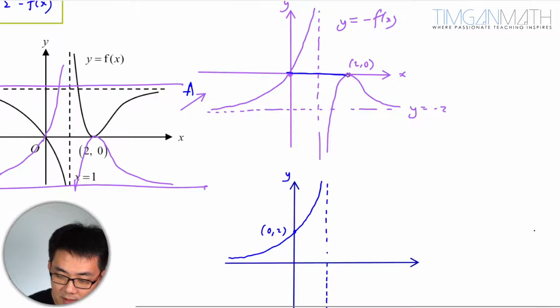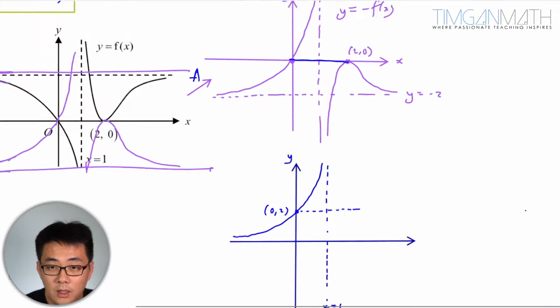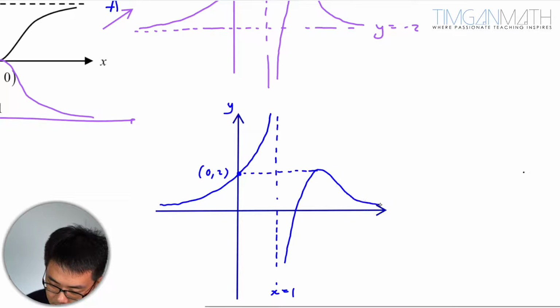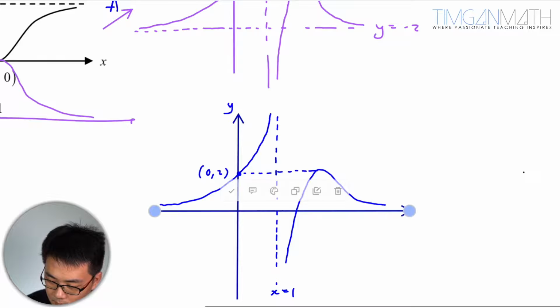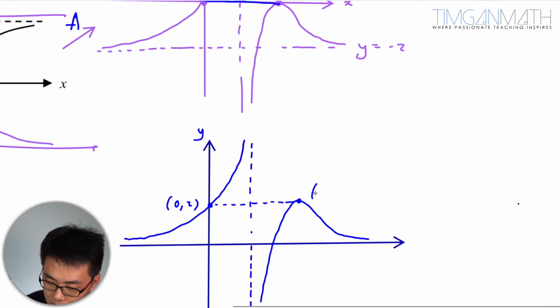This will be the same level, guys. Students, take note, this is the same level. So this is x equals 1 still. You move up by 2 units, so it will be like that. This will be 2, 2.